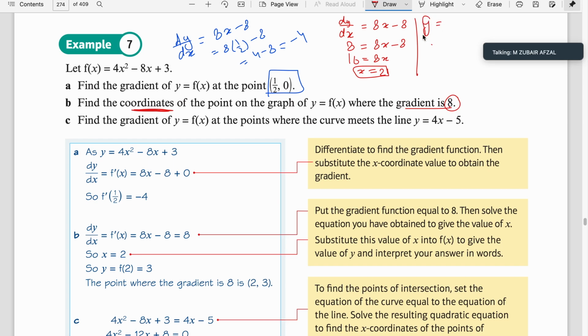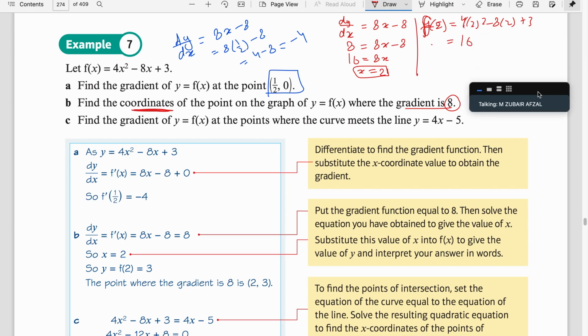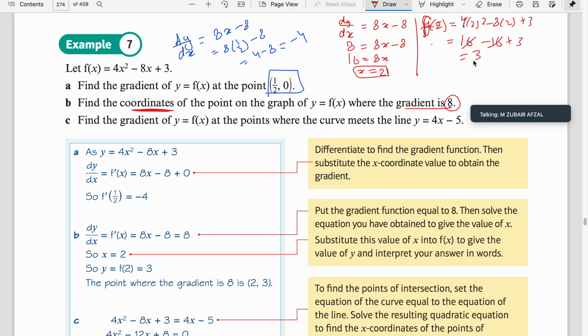So y, or f of 2, is equal to 4 times 2 squared minus 8 into 2 plus 3. So 4 times 4 is 16, minus 8 times 2 is 16, plus 3 is 3. So the coordinates when the gradient is 8 are 2 comma 3.